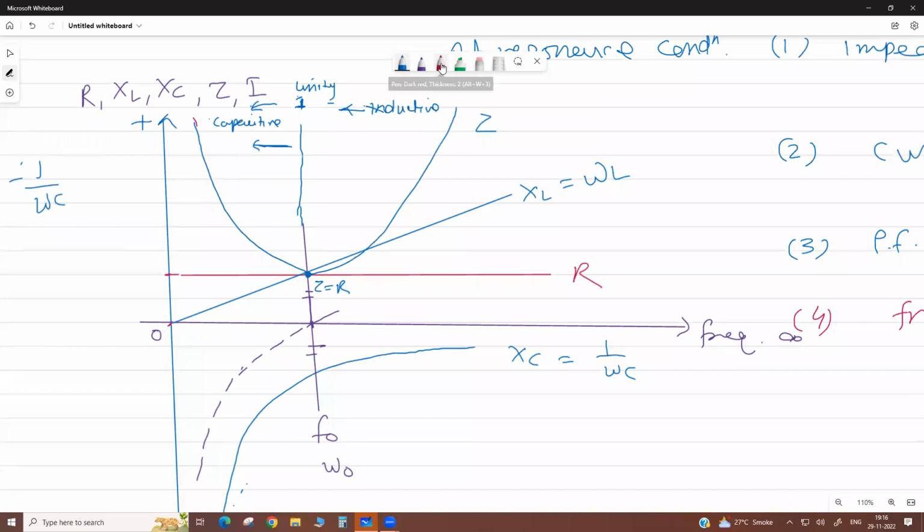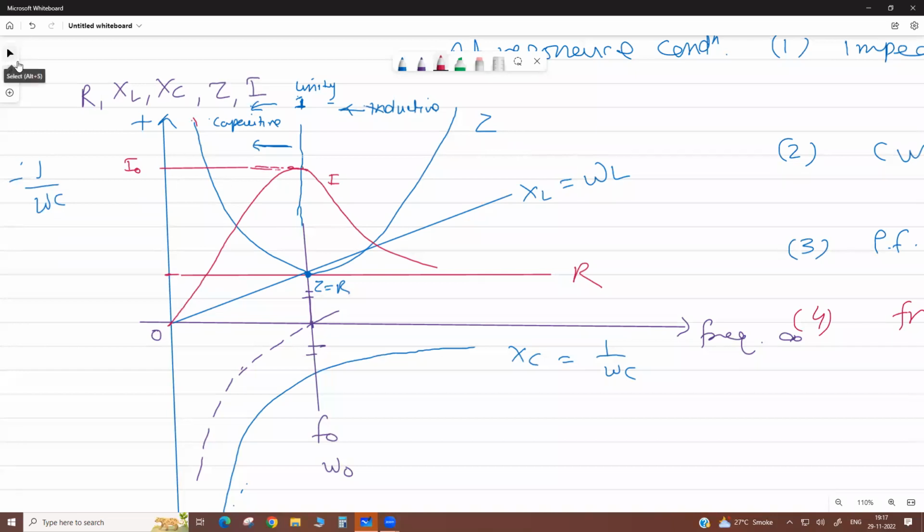Now if we talk about the current, when impedance is infinity, current is 0. But as impedance decreases, current increases, and at this point it is the peak value. Then again it decreases. So this is your current. This value is I naught, the maximum current at resonance.